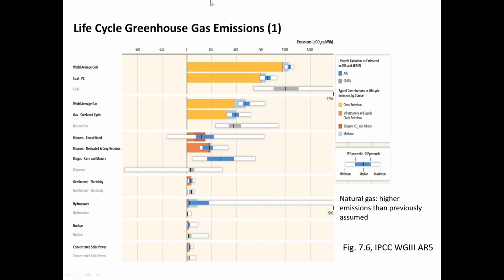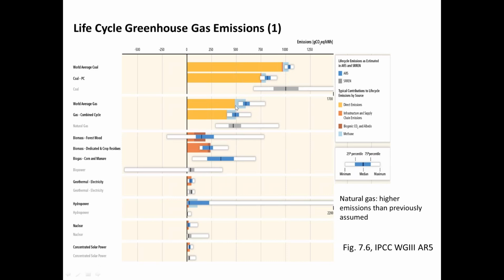But most of the emissions are direct emissions from the power plant. There are some emissions connected to the infrastructure, building the power plant, the railways, the transport of the coal, and so on. And then there are emissions connected to the mining process, in this case methane escaping from the coal mines.